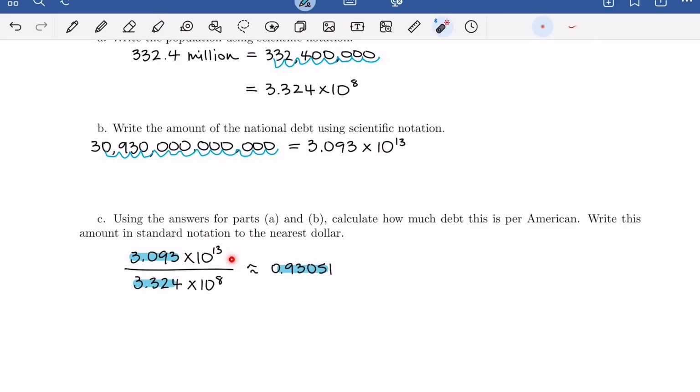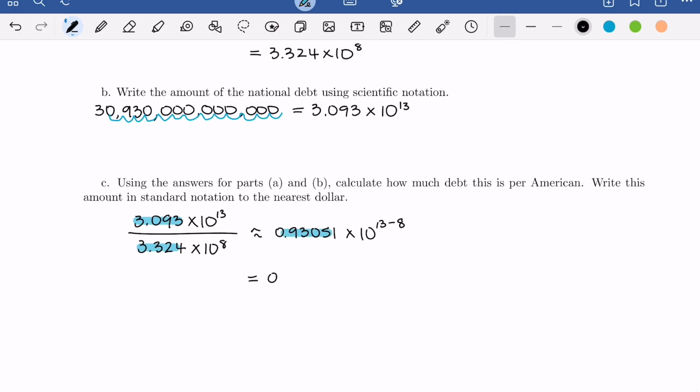Now, for these guys, for these exponential expressions, what we're going to do is use our quotient rule. If we have the same base raised to these two powers in a quotient, what we're going to do is subtract these exponents. So we have the same base of 10, and this is going to be 10 raised to the 13 minus 8th power. So this is 0.93051 times 10 raised to the 5th power.